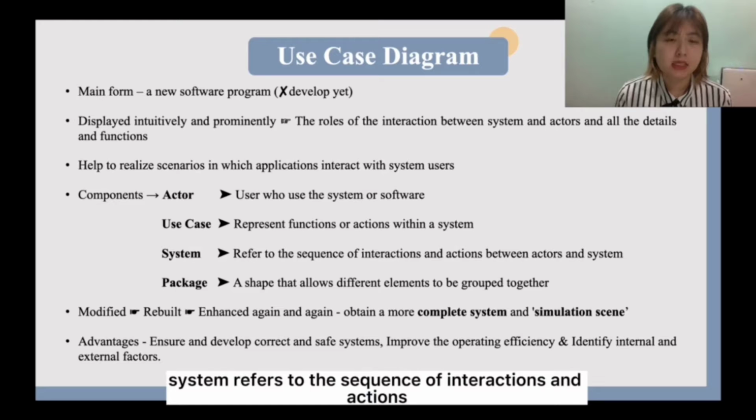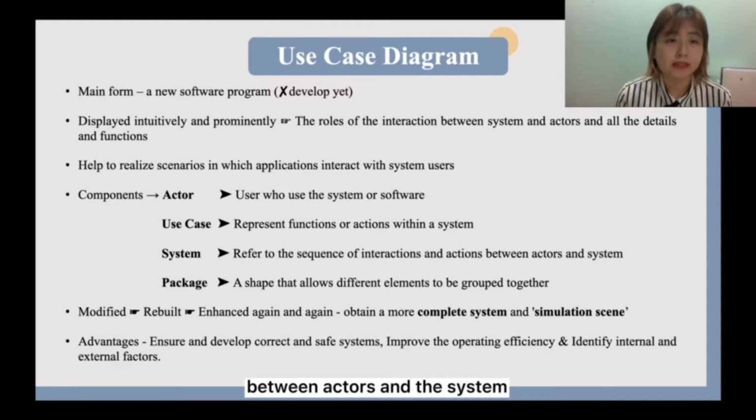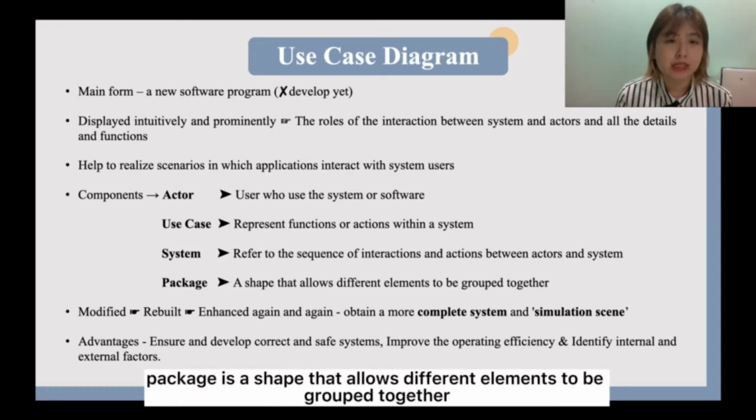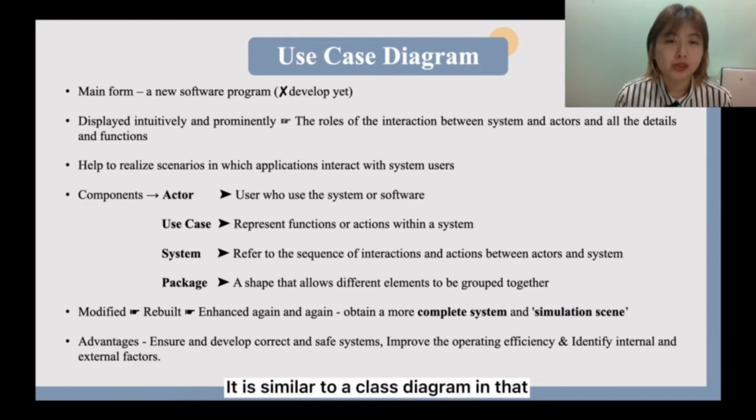Third, system refers to the sequence of interactions and actions between the actors and the system, which is also called a scene. Last, package is a shape that allows different elements to be grouped together. It is similar to a class diagram in that packages are also used to group use cases together.